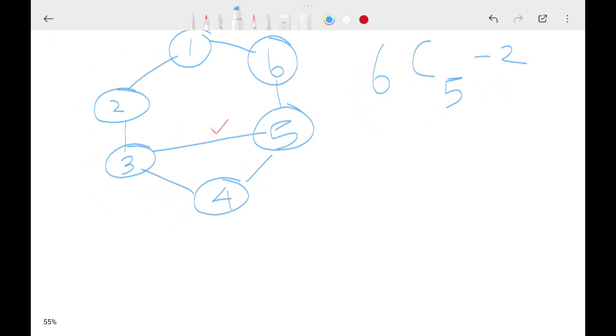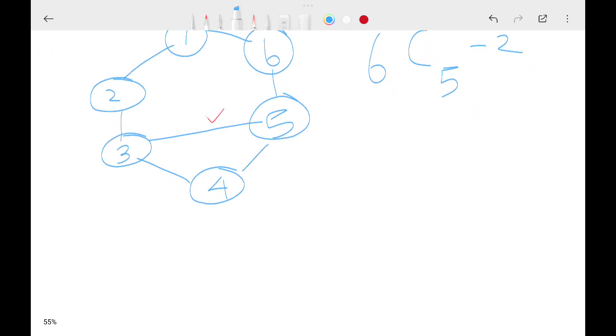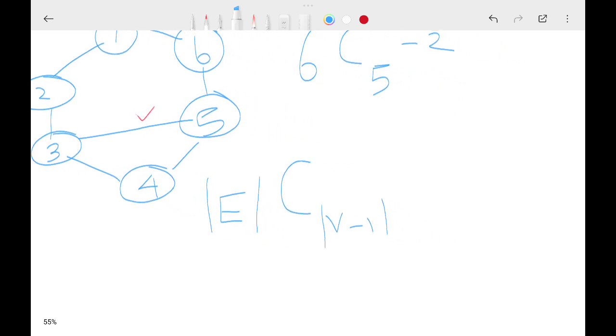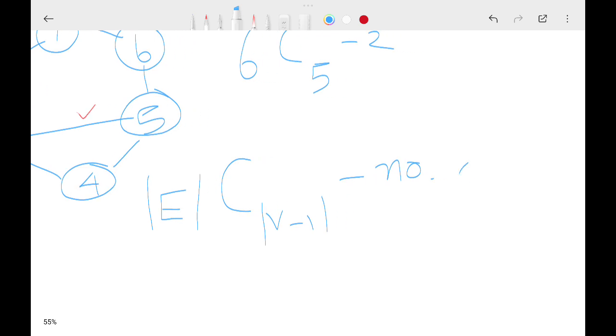In general, if a graph contains a cycle, and the number of vertices is V and the number of edges is E, from the edges we need to select V minus 1 edges, because our tree contains V vertices, minus the number of cycles.